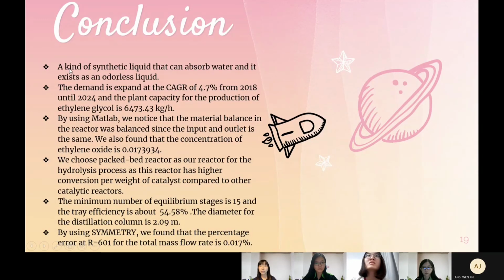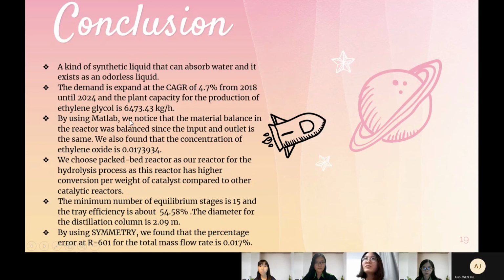For the conclusion, ethylene glycol is a synthetic liquid that can absorb water and is seen as an odorless liquid, and the demand is expected to expand at the CAGR of 4.7% from 2018 to 2024, and the plant capacity for the production of ethylene glycol is 6473.43 kilogram per hour.